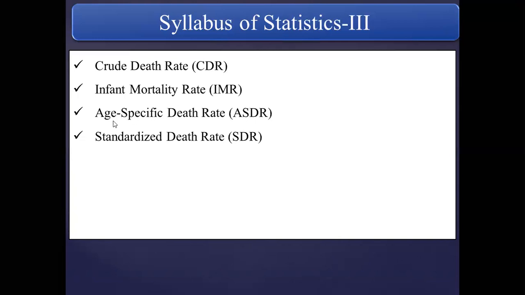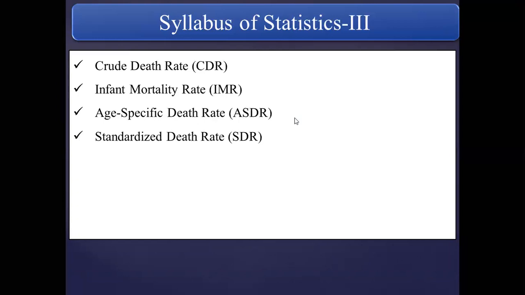Okay. Then age specific death rate. Why is age specific death rate required? As we know very well, at childhood age the chances of death are high. The risk of death is high for age less than 1 year or 0 to 5 years. At the same time, the chances of death are also high for the age group of people more than 60 years or more than 70 years.